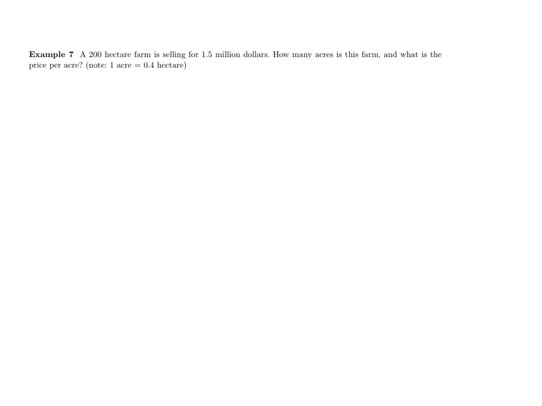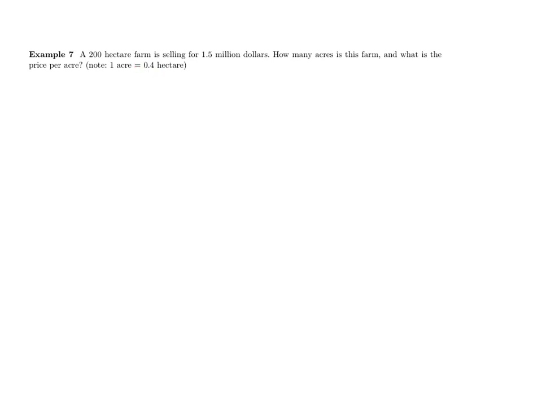In our last example, we are told a 200-hectare farm is selling for $1.5 million. How many acres is this? And what is the price per acre? Note that 1 acre is about 4/10 of a hectare.